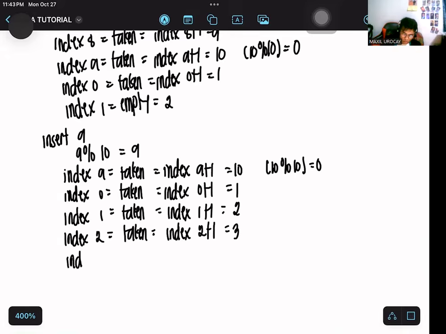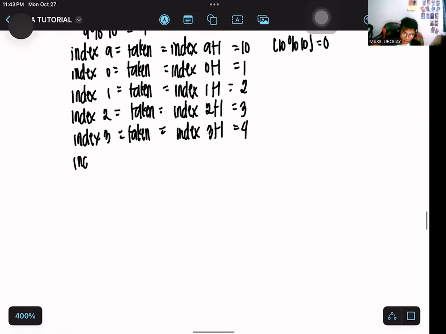So index 3 is also taken. And then index 3 plus 1 equals 4. And then index number 4 is taken. And then index number 4 plus 1 equals 5.